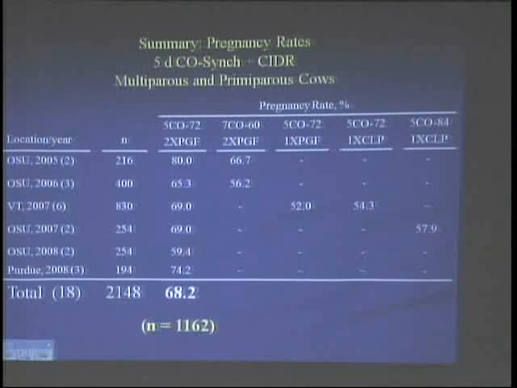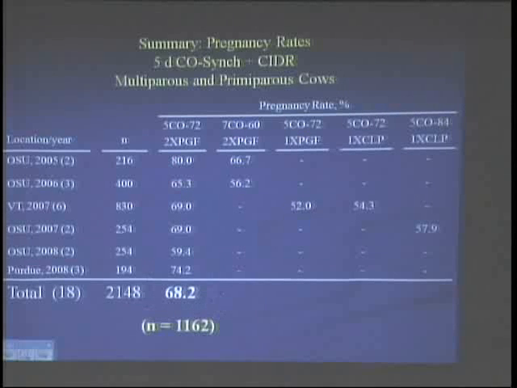This would summarize a variety of studies put together by Mike Day at Ohio State. Shows several Ohio State studies. Virginia Tech was working on this, as well as one of Mike's students who's now at Purdue. And the bottom line is they compared the 5-day system to the 7-day system. They were getting excellent results.